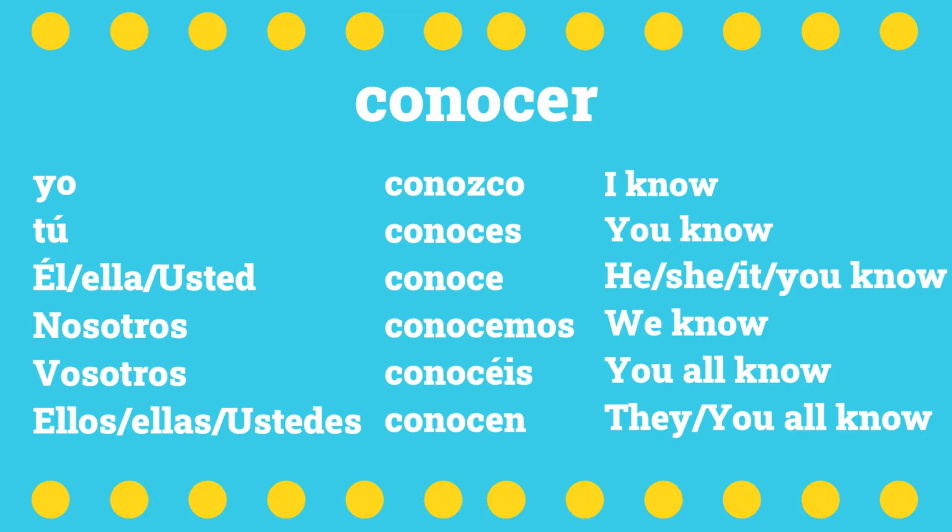So you'll notice in the first person, to say I know, it's conozco. But then it goes back to being regular. So tú conoces, él, ella, usted conoce, nosotros conocemos, vosotros conocéis, and ellos, ellas, ustedes conocen. So the irregularity there is only in the first person, yo conozco.